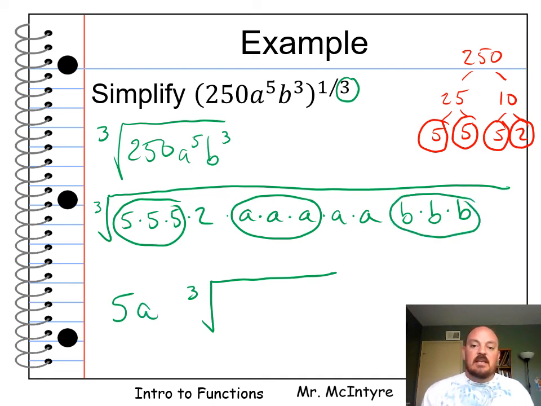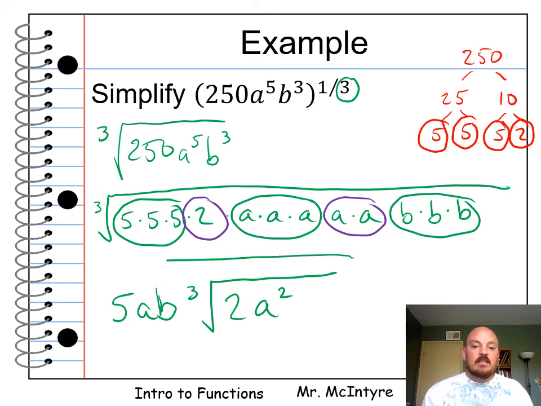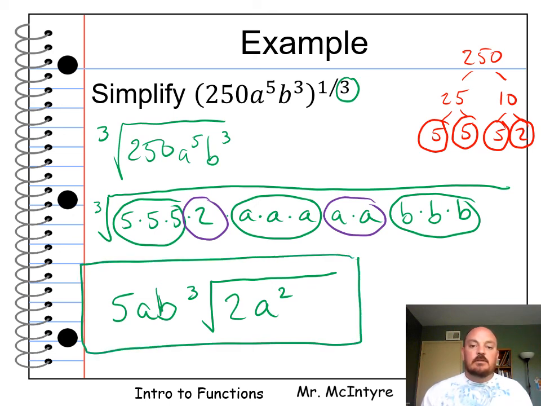And I have 3 b's, that'll bring 1 b out front. So I have 5ab out front. Now what's left over is a 2, and an a times a, which is a squared. So inside the radical would be 2a squared. And that right there is our final simplified answer.